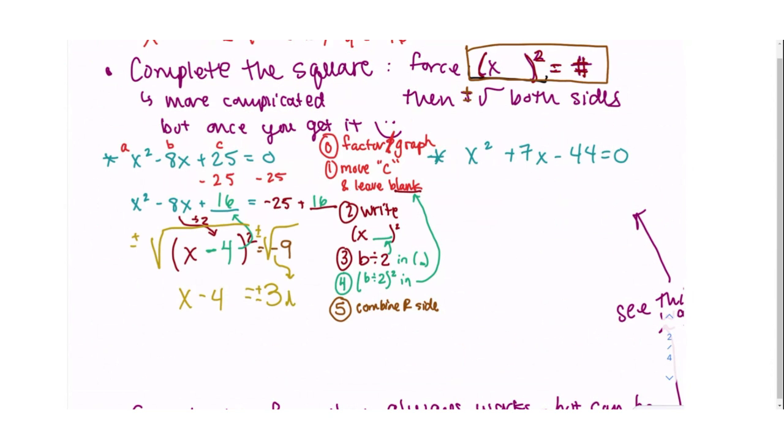It becomes an i. Does that look familiar? Okay, and then we're going to move that 4 over, and then we're going to be done. So add 4, add 4. So x would equal 4 plus or minus 3i.